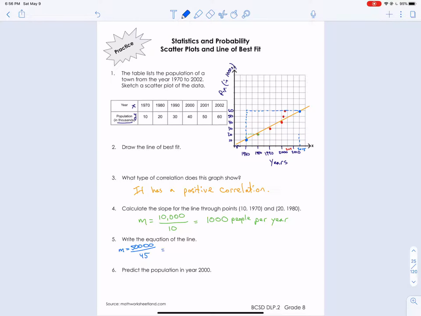Okay, so our slope, so just thinking about this, our slope is going to be, what do you think, a little bit more or a little bit less than what we found using those other 2 points? And think about that second point that we used for number 4 was a little bit lower than our line. So our slope should be a little bit more because it's a little bit steeper than the other one.